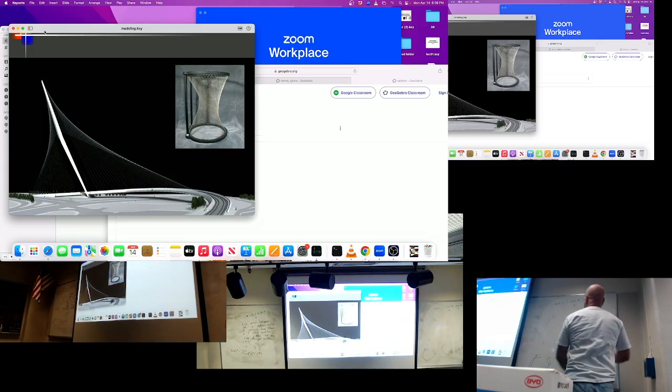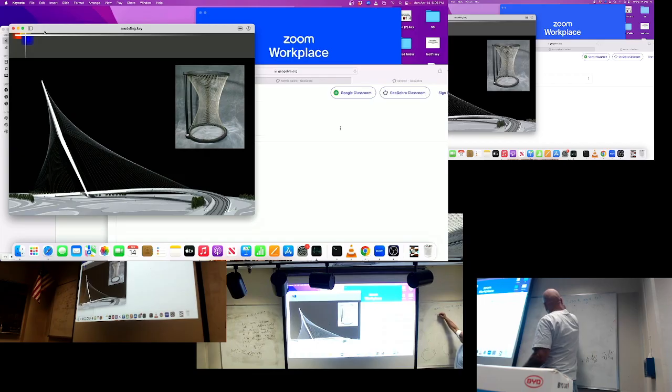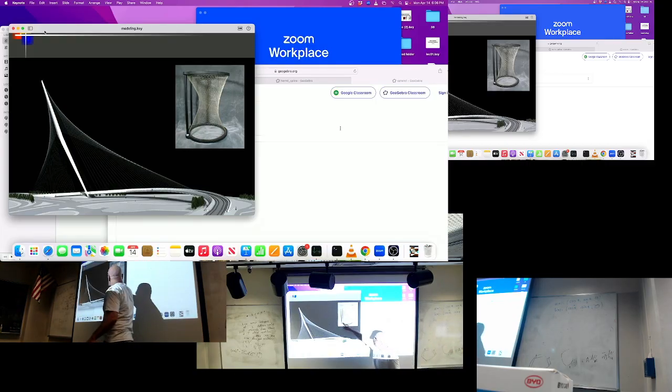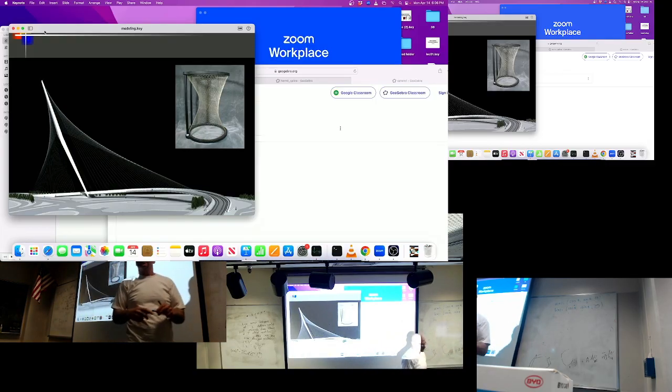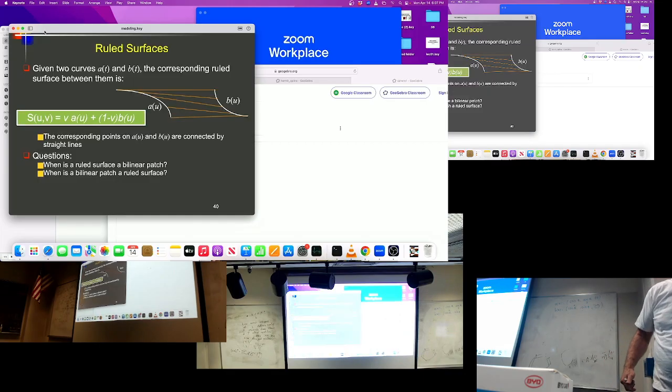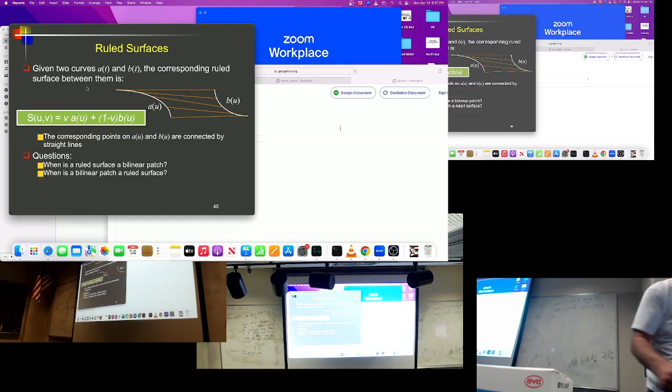And let's make an attempt. Let b of u be cosine u, sine u, 0. So now it's a point that moves on the lower ring, right here. What is the shape, what is S of U, V?